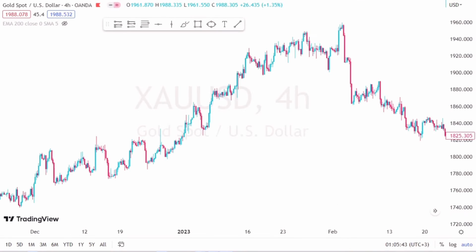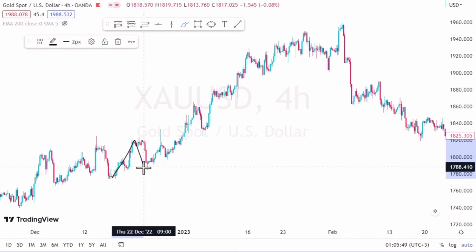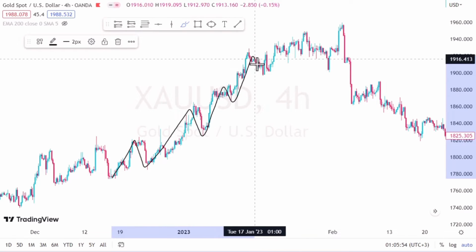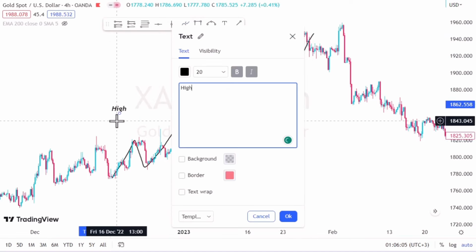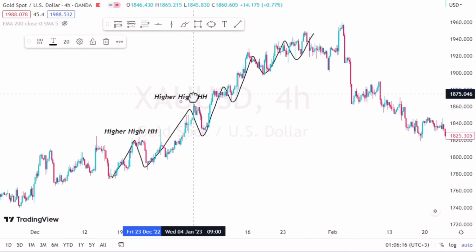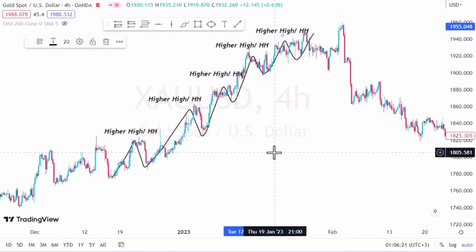The other definition I want to talk about is higher highs and higher lows. When the price is in a trend and it goes up as an uptrend in, let's say, a bullish market, we have higher highs.